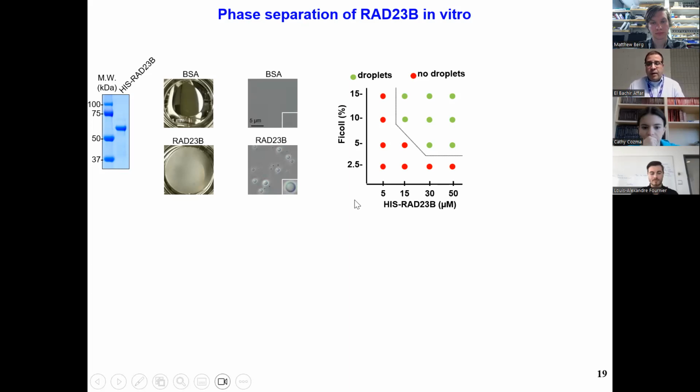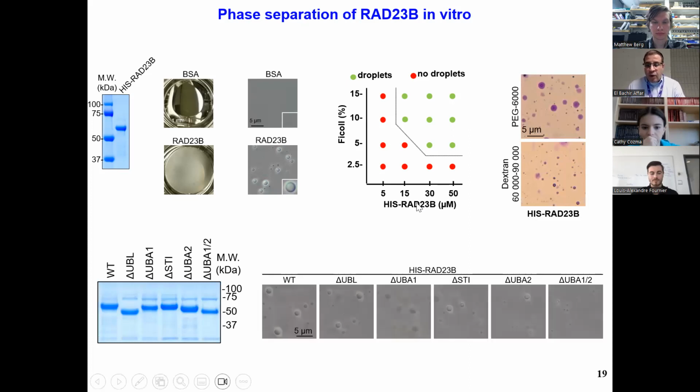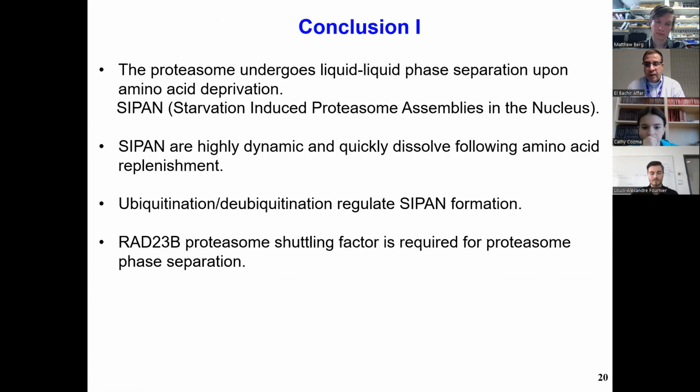And we can also see that when we delete the domains, as we saw mostly in the cells, when we remove the critical domains of RAD23B, we can abolish the ability of RAD23B to form these droplets.